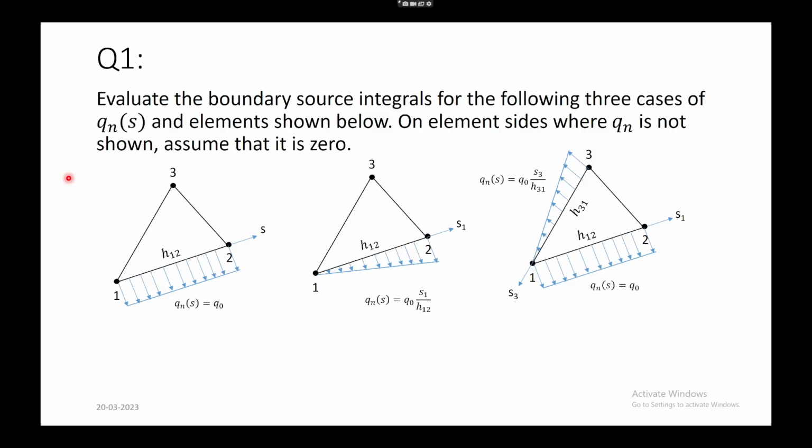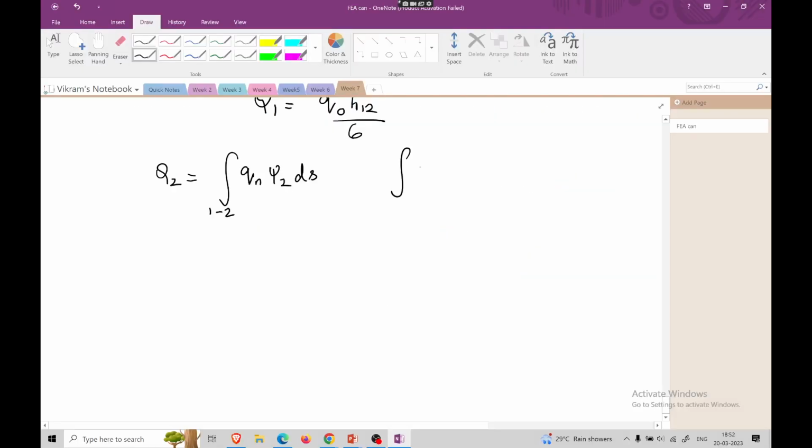So q2 is nothing but the integral, again here also from 1 to 2, qn into psi 2 into ds. So what is qn? Qn is nothing but q0 into s1 by h12.